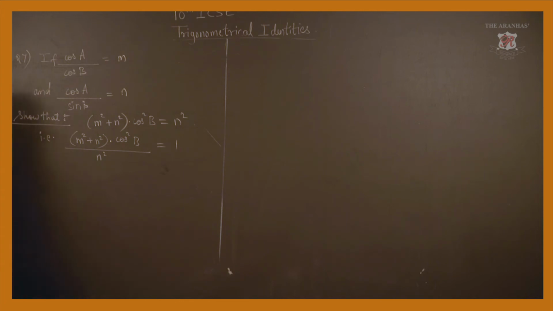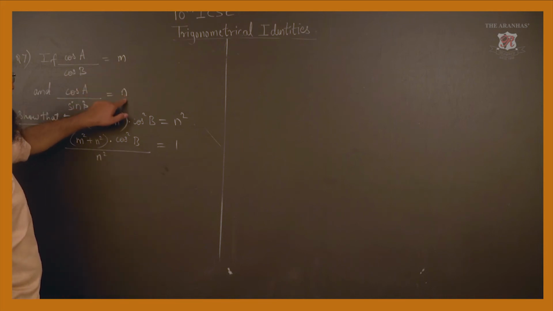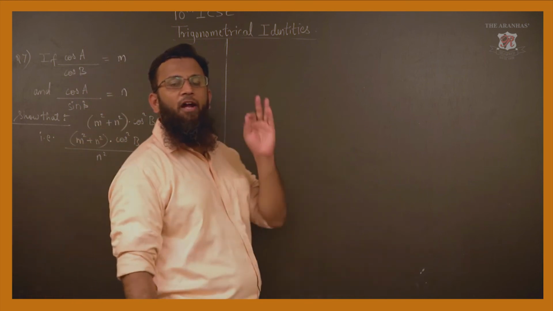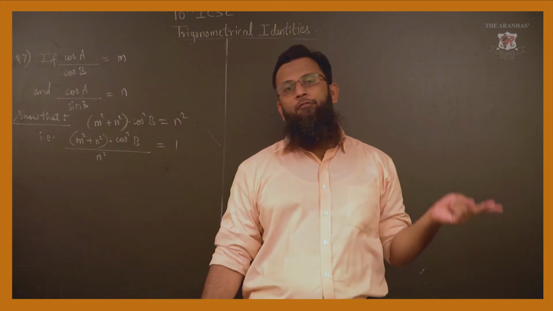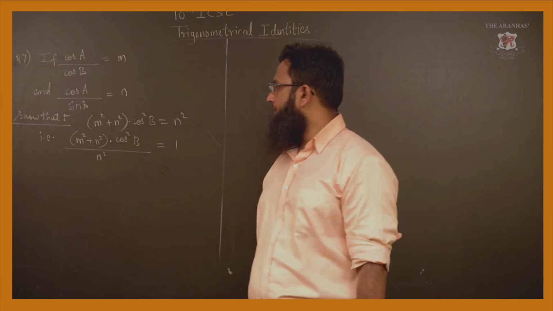Now the question arises, how to proceed further? M and n values are given. So our first approach should be finding m square, then finding n square, and then adding them both and see what happens.